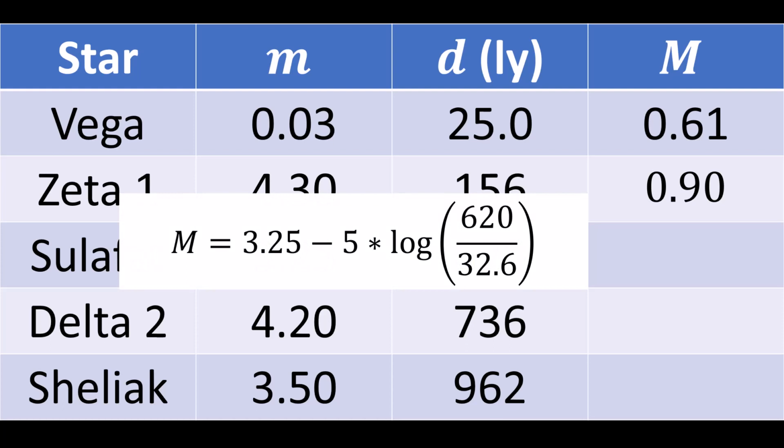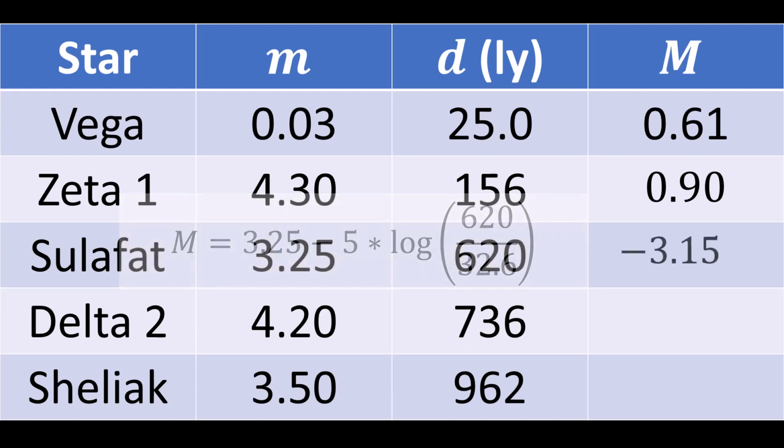So for Sulafat, magnitude of 3.25, distance of 620 light years. That's a lot farther away. Plug that into your calculator, and you would get minus 3.15, a negative absolute magnitude. Negative magnitudes are much brighter.